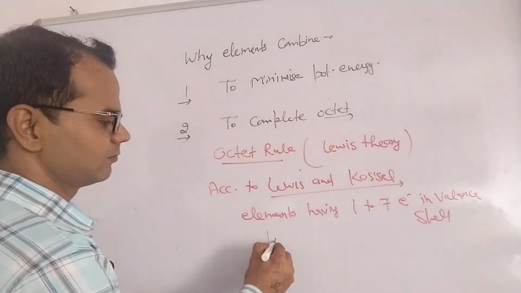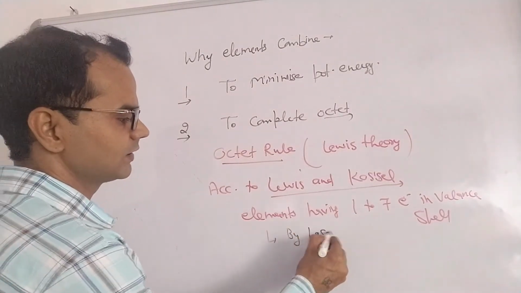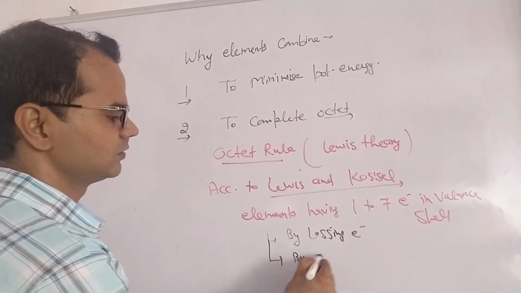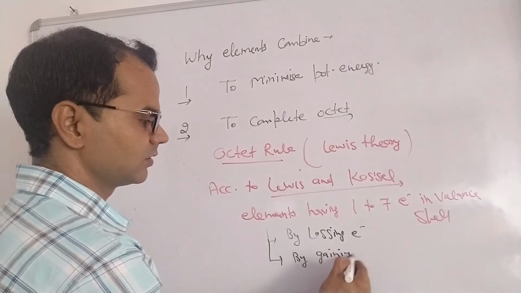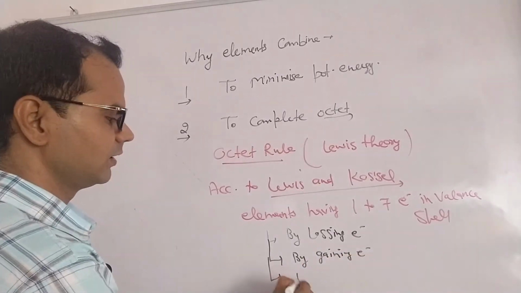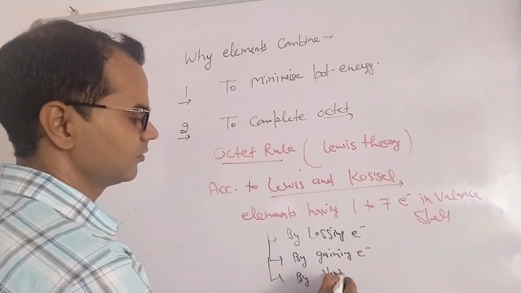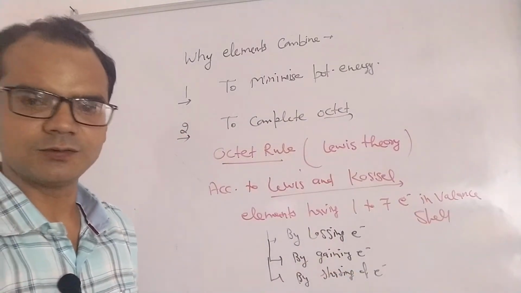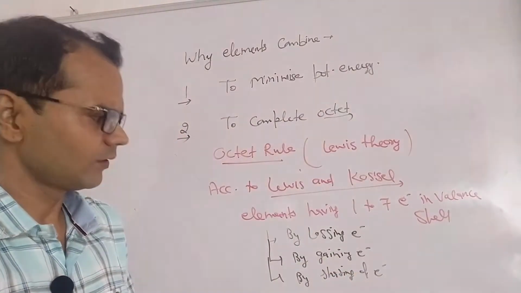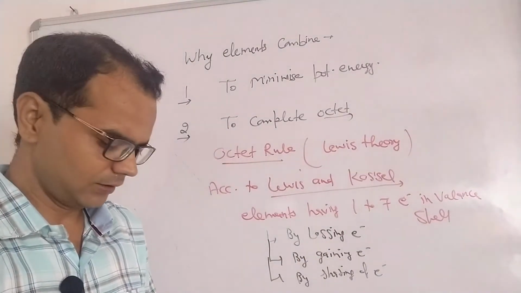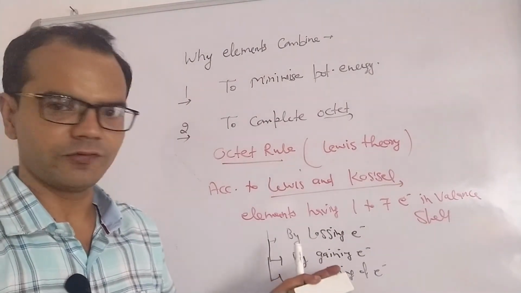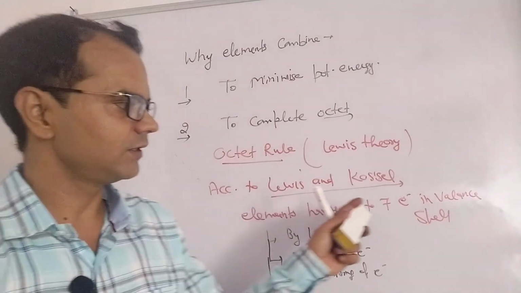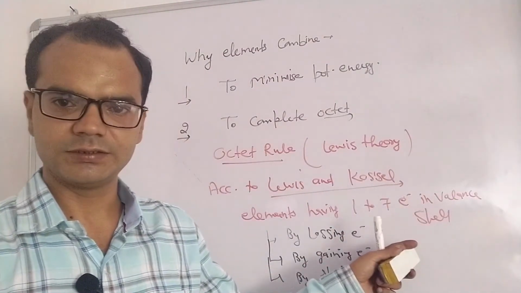First way, by losing electrons. Second, by gaining electrons, or by sharing of electrons. What type of elements? Elements having 1 to 7 electrons in the valence shell.